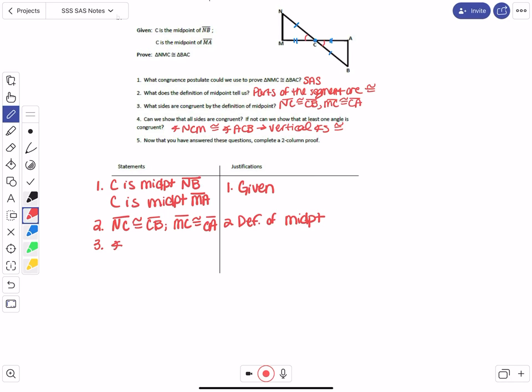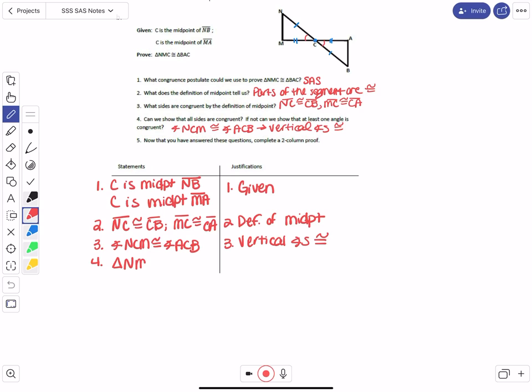Okay, so now let's talk about that angle. We said angle NCM is congruent to angle ACB because vertical angles are congruent. And so basically now we've got our side, angle, side. So now we can do reason number 4. We can say our conclusion basically.